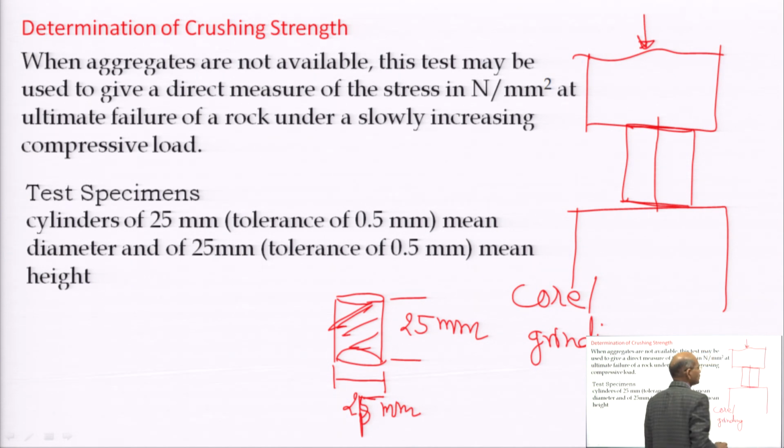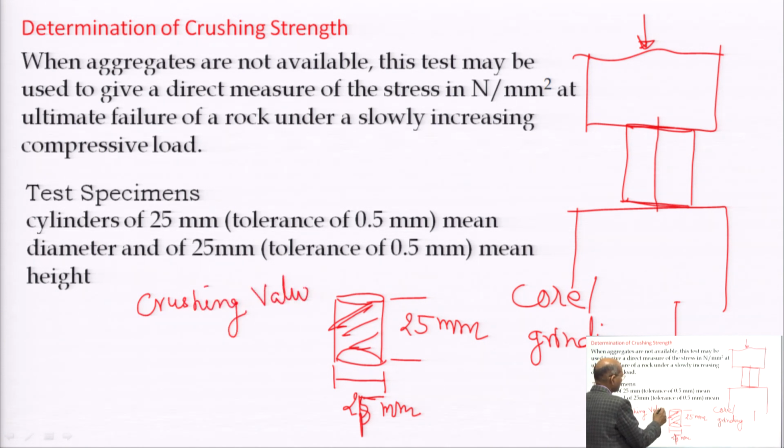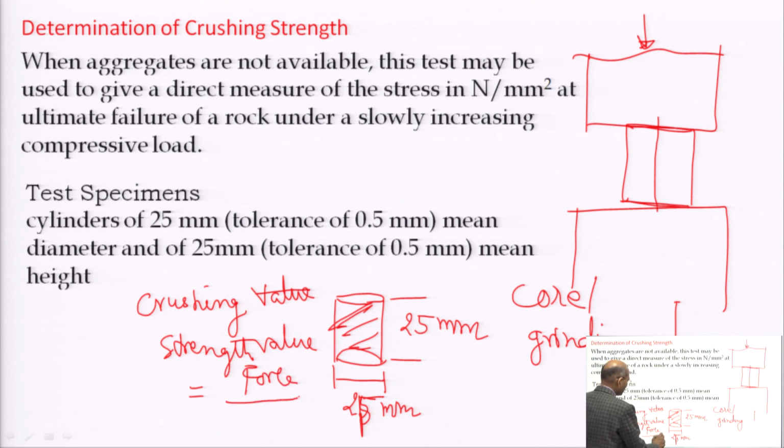Okay. So, whatever load you are applying, you will get the crushing value, and crushing value can be obtained in terms of Newton per mm square or kg per centimeter square, and crushing strength value is given by force divided by area of this cylinder.